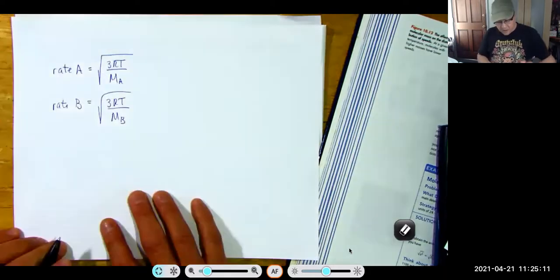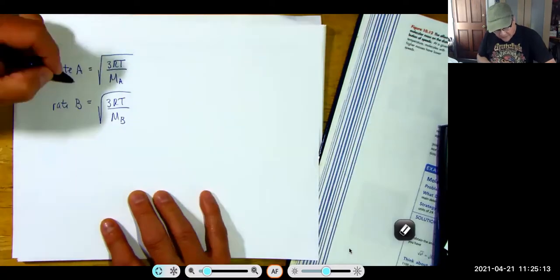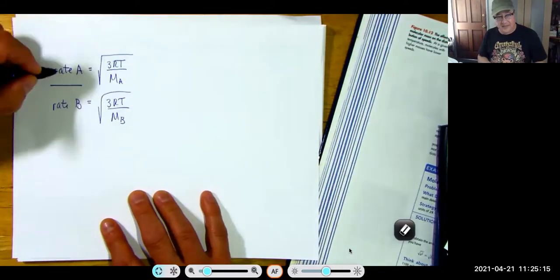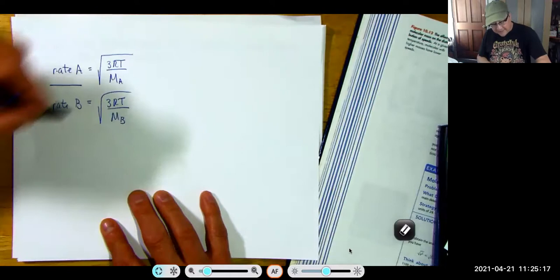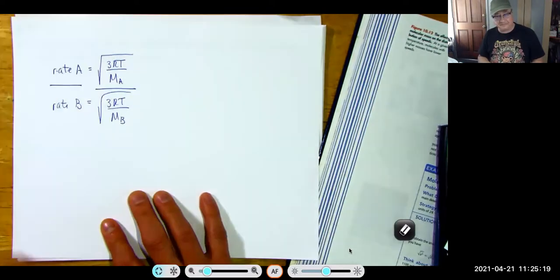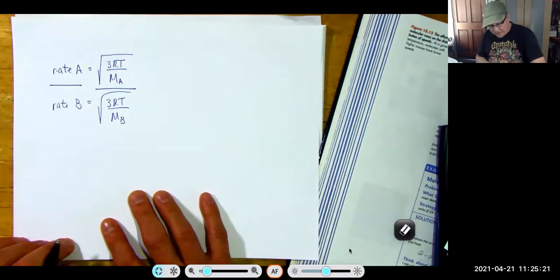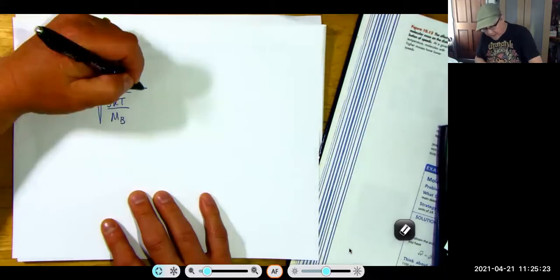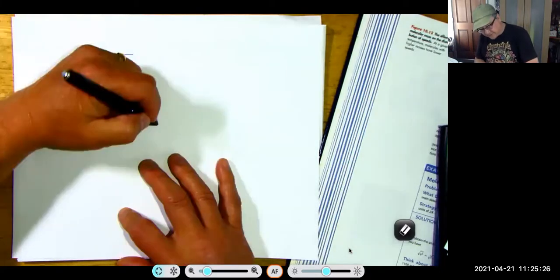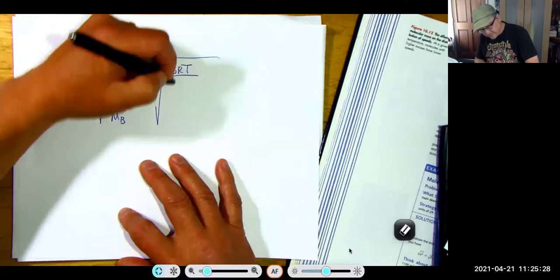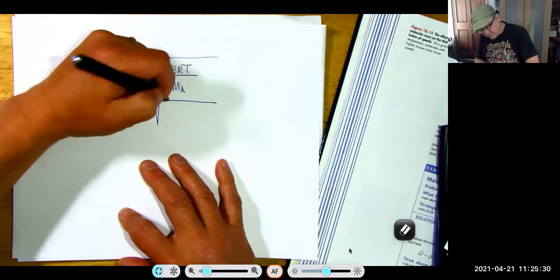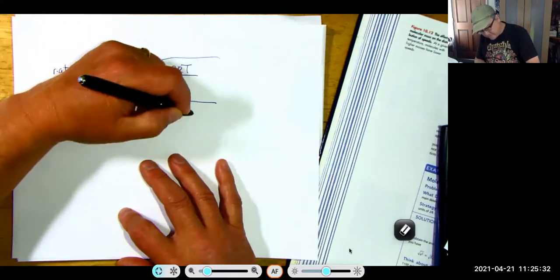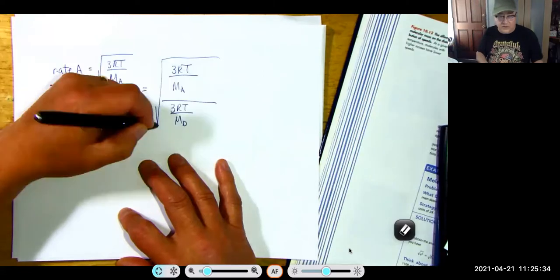Yeah. Well, what happens if I say, you know what? I'm going to divide the rate of A by the rate of B. That means I'm going to divide this by that. Okay. Now, since they're both under the square root, I can do this. I can put them all under one square root.